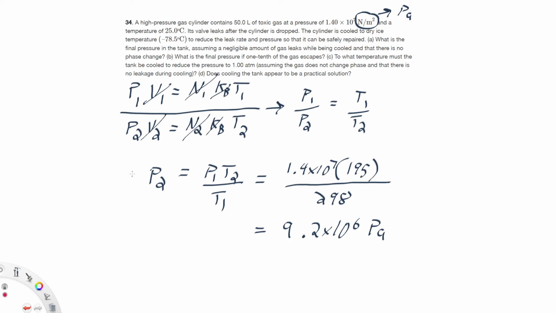So if we have some of the gas escaping, now our Ns don't cancel. So we'll have P1 over P2 equals N1 T1 over N2 T2. And if 10% of the gas escapes, then the amount of gas that's left is 90% of what was there at the beginning.